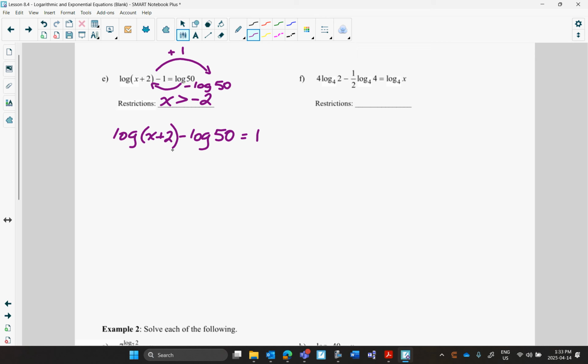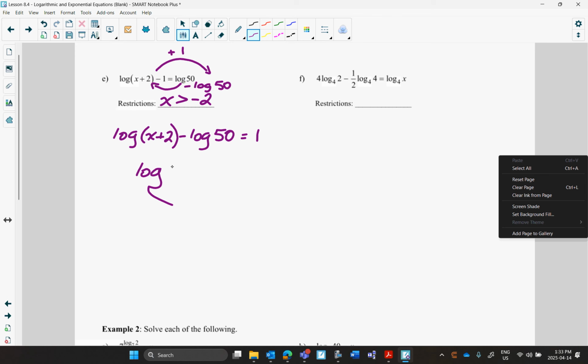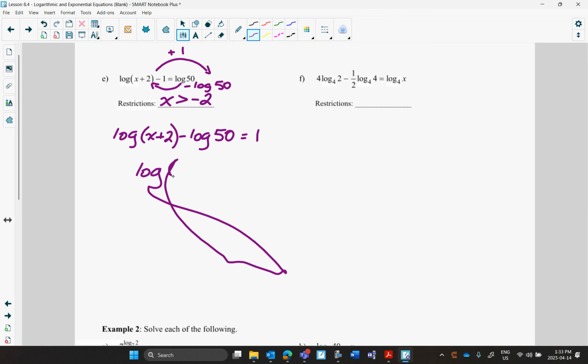Well, I can compress this into a single log. It would be log of x plus 2 divided by 50 equals 1. Well, I can't go any simpler, so now I have to change to exponent.